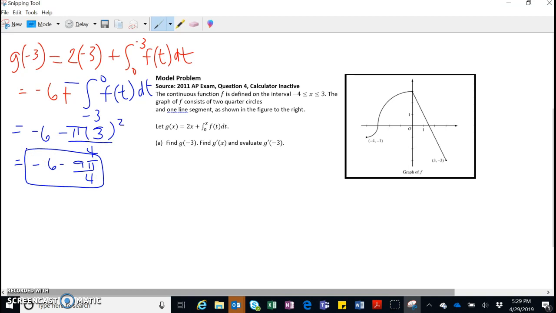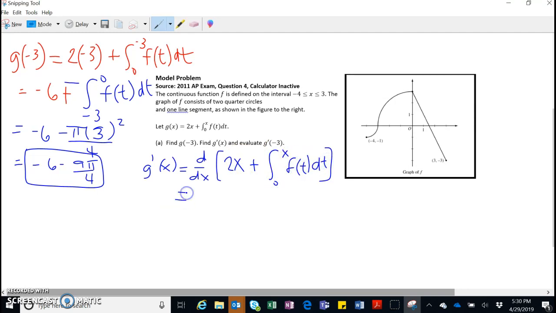The second part of this asks us to find g prime of x and evaluate that at -3. So to find g prime of x in slow-mo, we're going to take the derivative of g of x, which is 2x plus the integral from 0 to x of f of t dt.